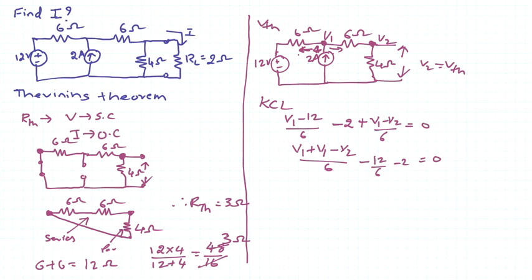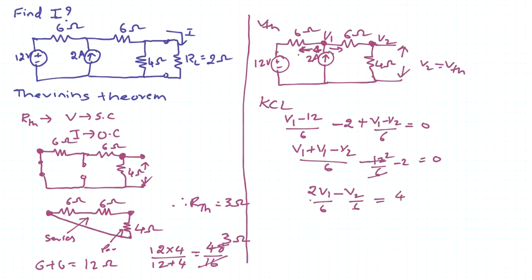Now how can we simplify it? 2V1 minus V2 by 6 is equal to, so this is 12 by 6 plus 2, that is equal to 4.